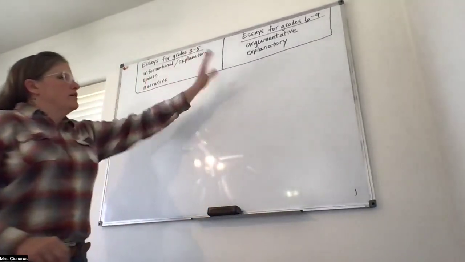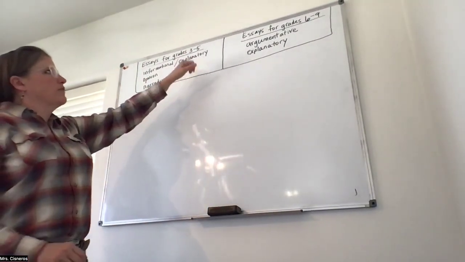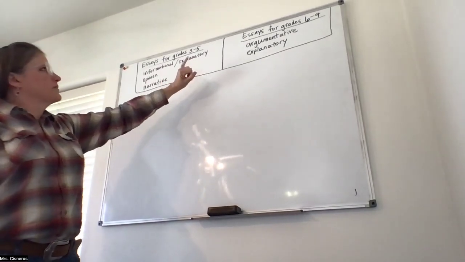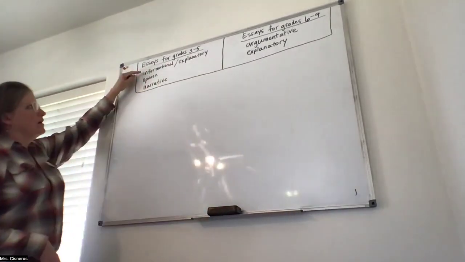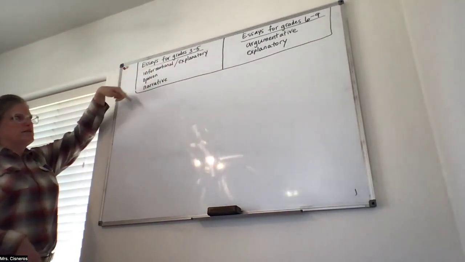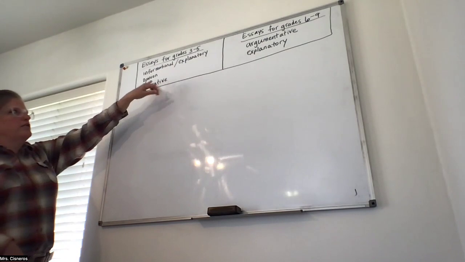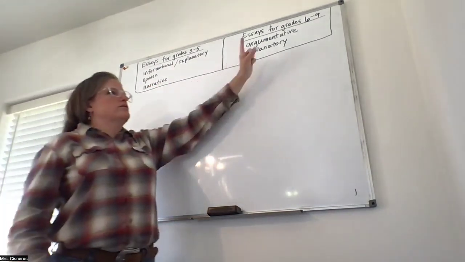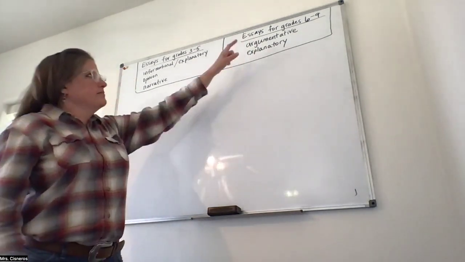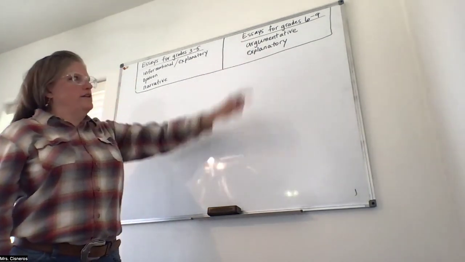And I just have up here a couple notes about if you're in grades 3 through 5, which I don't think anyone in this class is, but their essays can be any of these three: informational, explanatory, opinion, or narrative. For our grades 6 through 9, argumentative or explanatory.